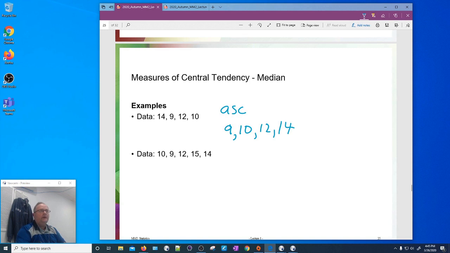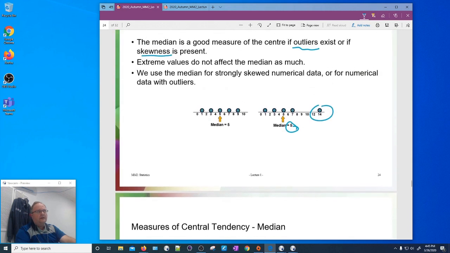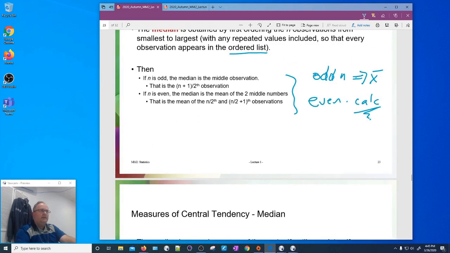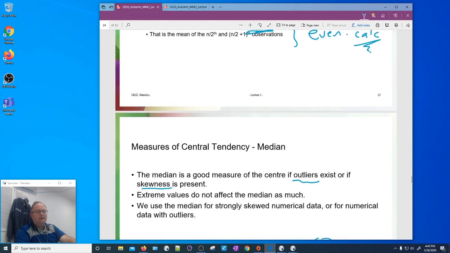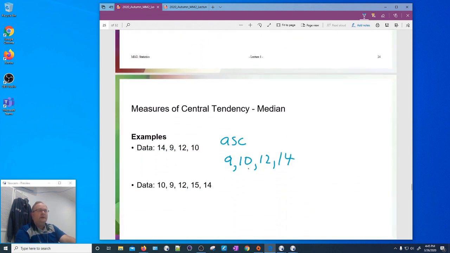Alright, so we've got an even number. So we said before on the previous slide that if we have an even number, we have to address that by taking the middle 2 numbers. So we have to do a little calculation. So we've got to go back to our slide and do a middle 2 calculation. So the middle score will be these guys here, and we take the mean of those.